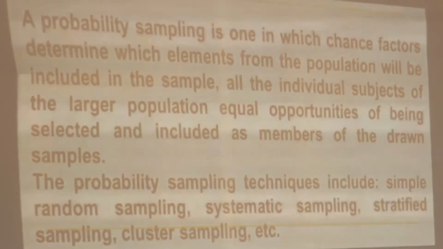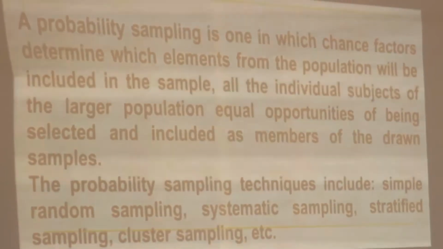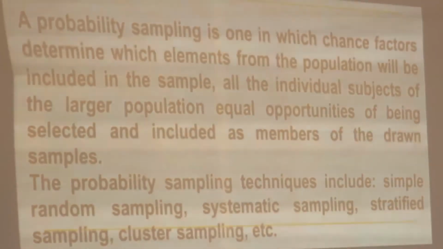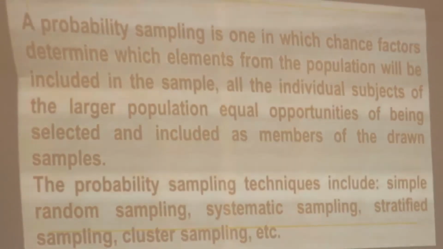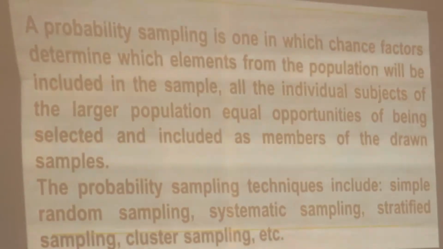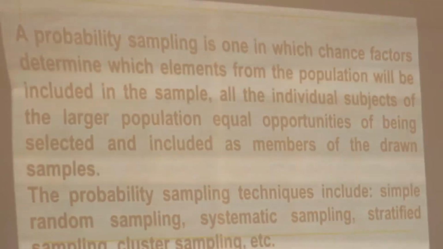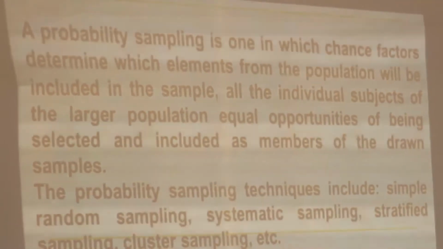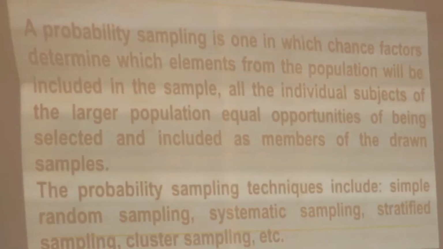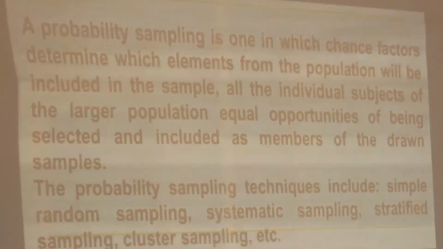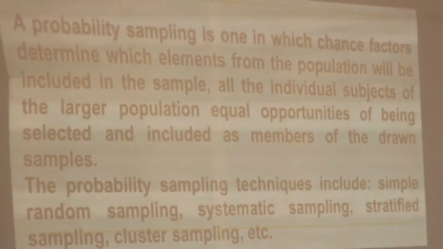A probability sampling is one in which chance factors determine which elements from the population will be included in the sample, or the individual subjects of the larger population have equal opportunities of being selected and included as members of the drawn samples.